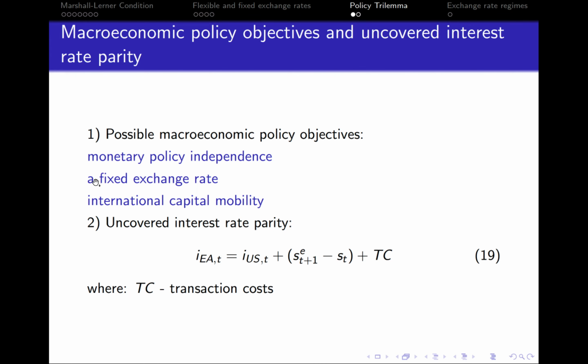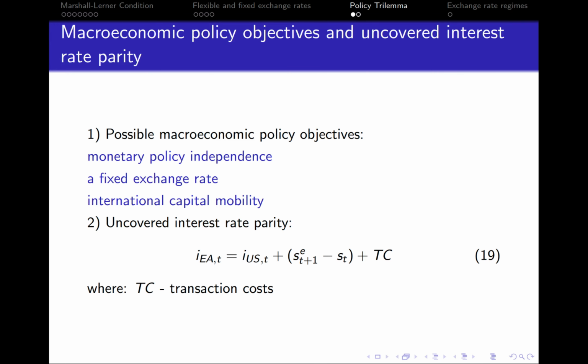The second macroeconomic policy objective is a fixed exchange rate. Look, why would we like to have a fixed exchange rate? When exchange rates are fixed, trading with other countries is becoming more predictable, and because of this, we expect more trade. And look, think about it.